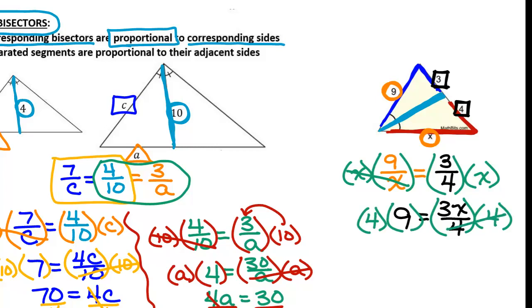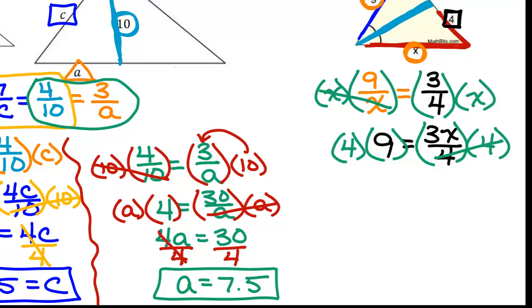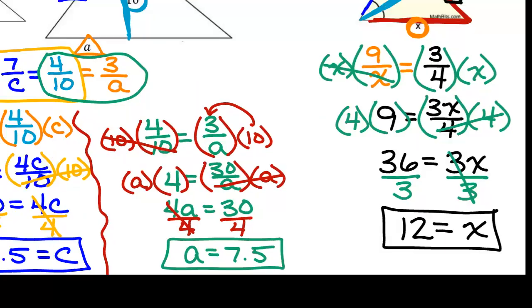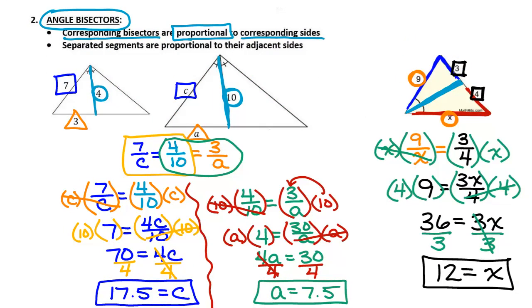What is 9 times 4? So I have 36 equals 3x. And then I divide both sides by 3. And x is finally not a decimal on this problem. What is x? 12 is equal to x. Very nice.